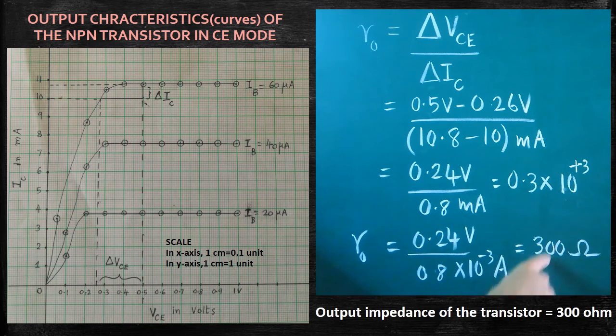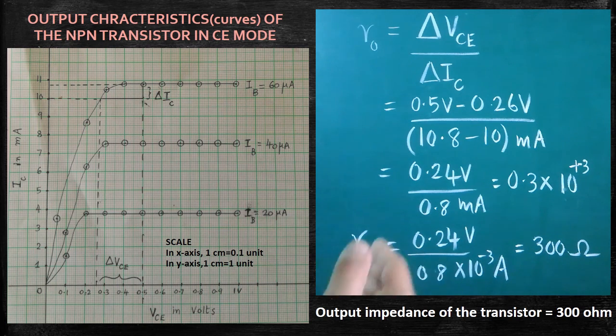So after simplification, finally you are getting the value of RO as how much? 300 ohm. That is the output impedance of the given transistor. 300 ohm. So this is also one of the important parameters of the transistor. Already we have found out the input impedance, current gain and output impedance. All the 3 parameters are essential, with the help of which we are able to see which configuration is the best one.